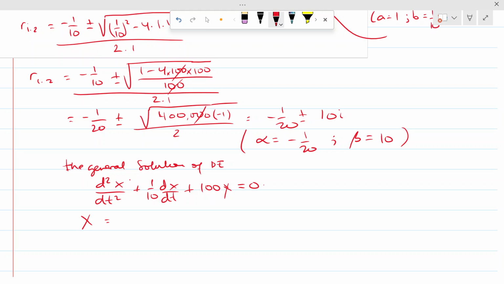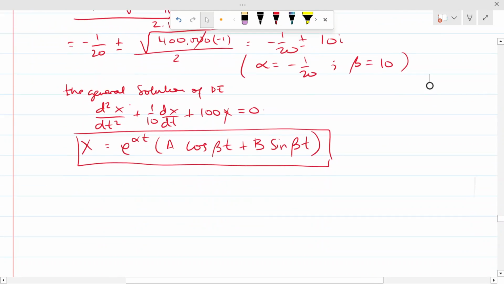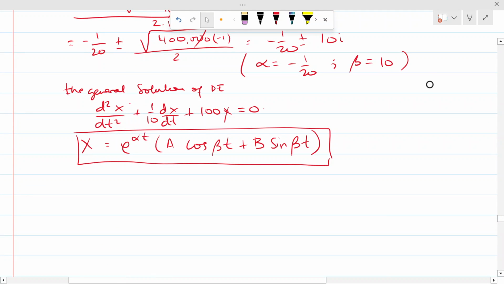In this case we have the general solution once again, e to the power of alpha t times a constant A cos beta t plus another constant B times sin beta t. So this is the general form of the solution to the second order homogeneous linear differential equation. We need to find the values of alpha, A and B by using the initial conditions.